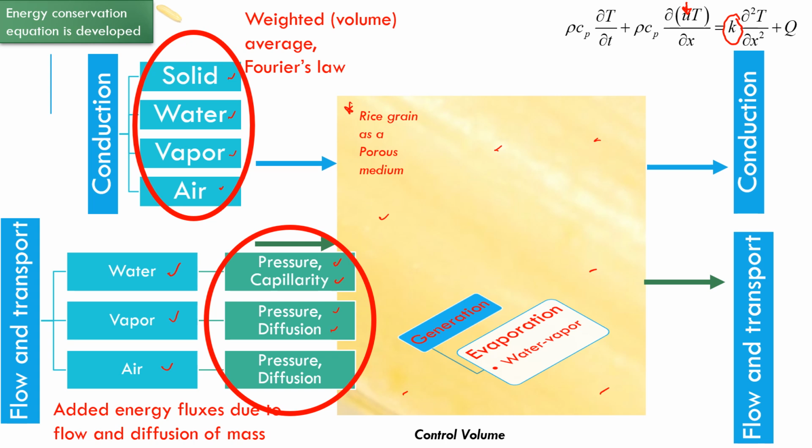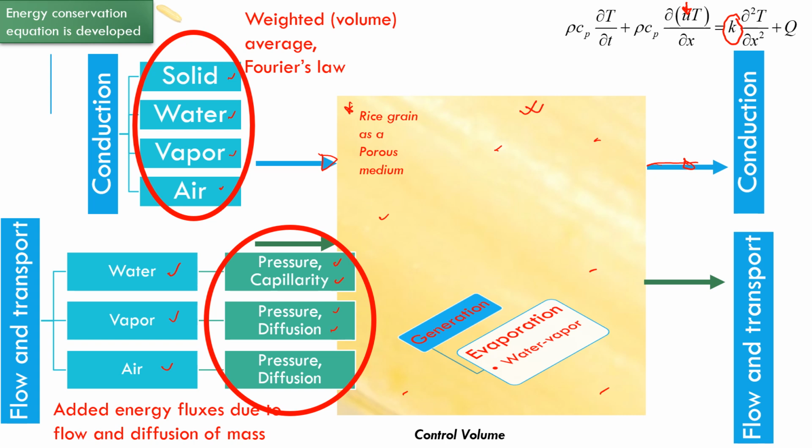And then finally, energy coming in and going out by all of these different modes is going to lead to change in temperature, which has to do with the storage of energy inside this control volume.